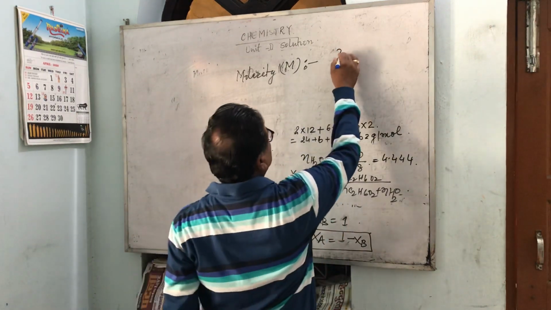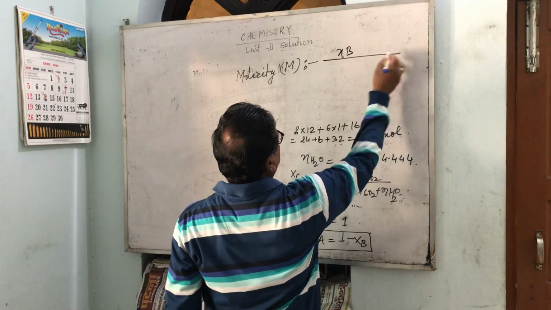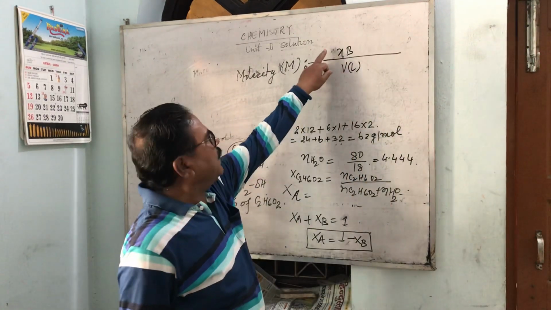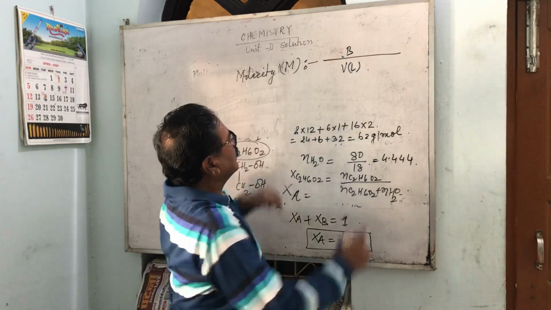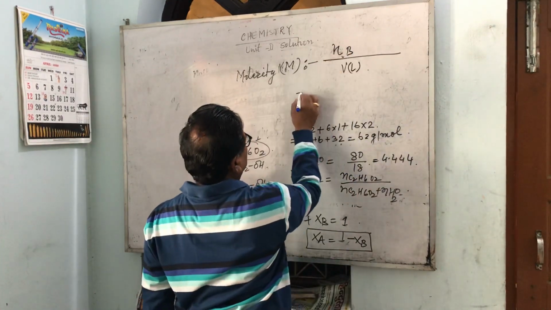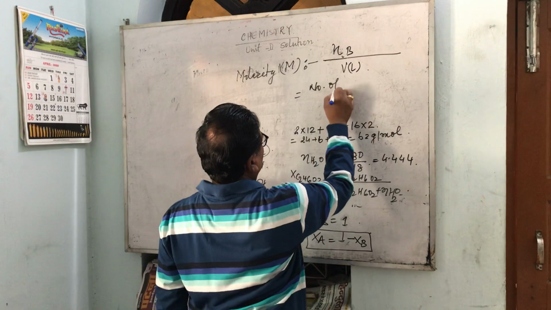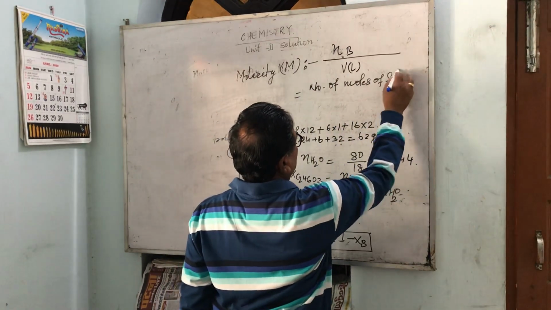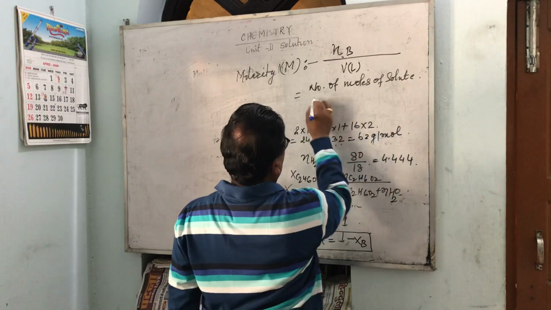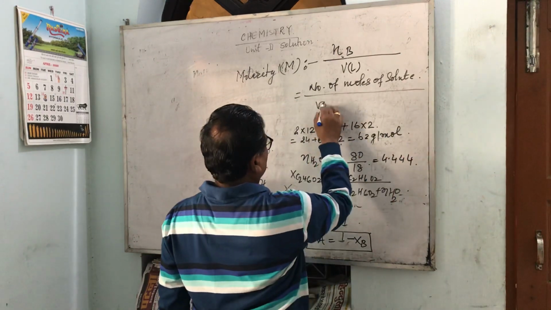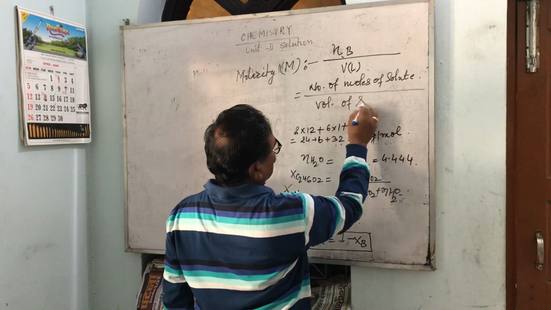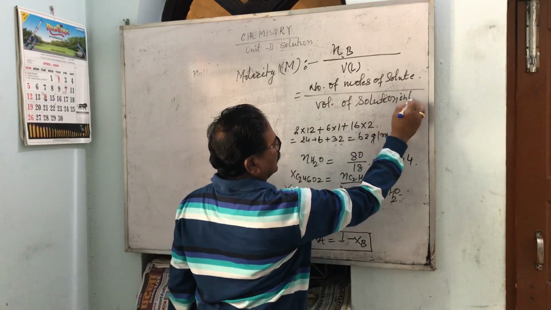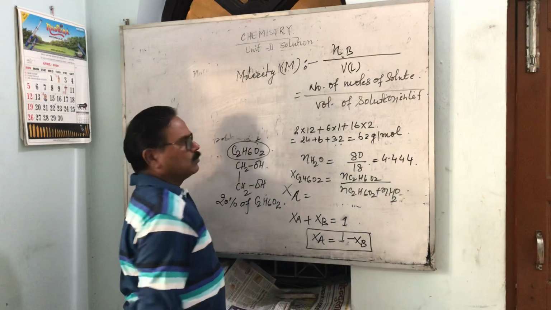So mathematically it can be written as Nb by volume of solution in liter, where Nb is the number of moles of the solute. So this is called the molarity.